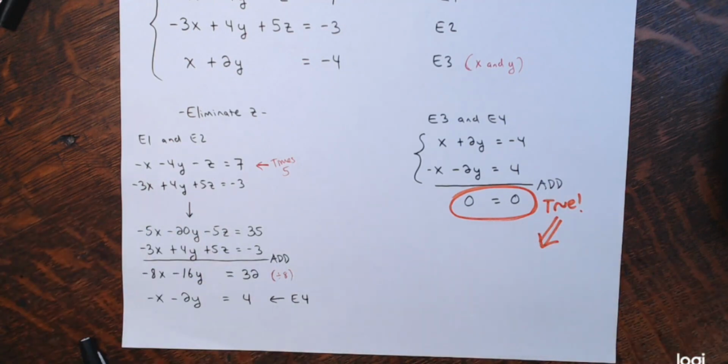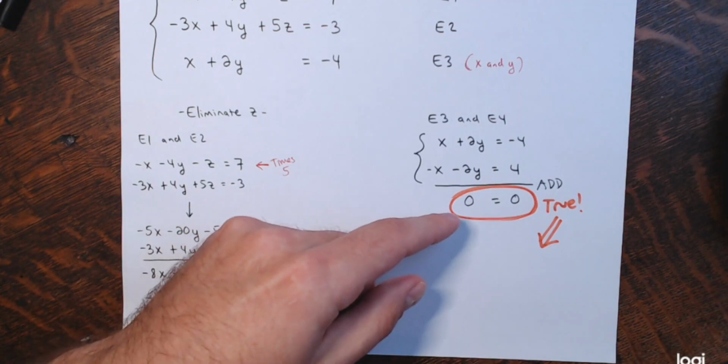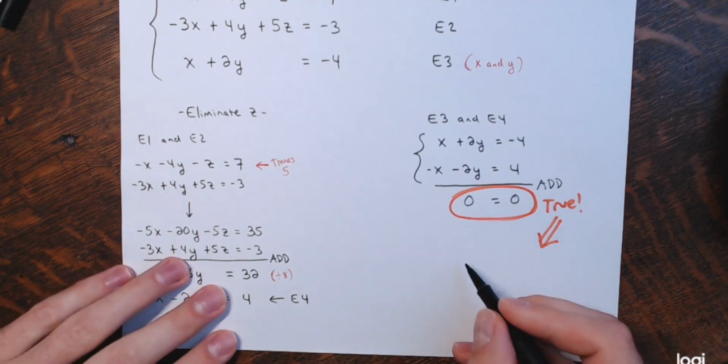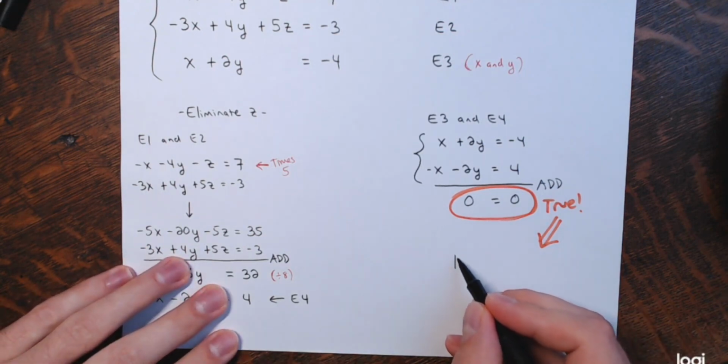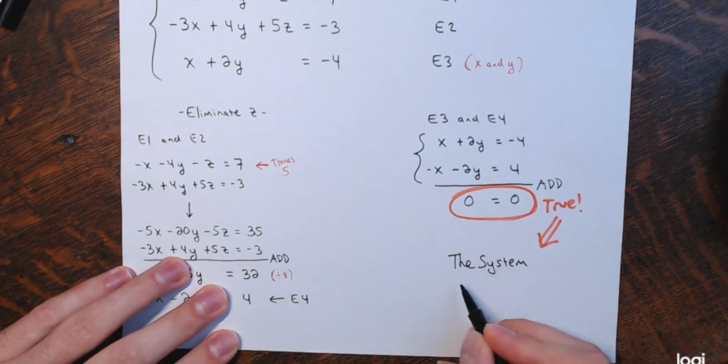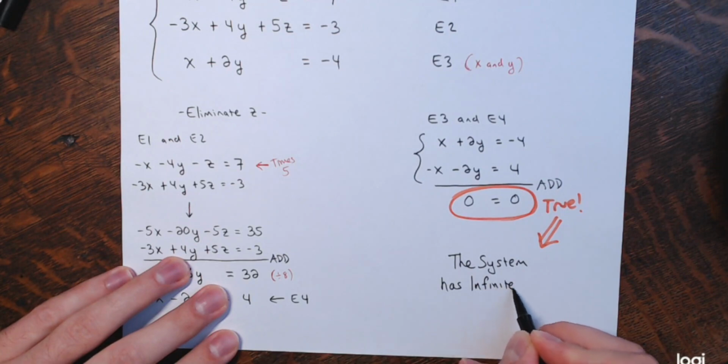And remember we've seen this earlier in the video. It was a while back, but if you're trying to solve a system, or an equation, and you ever end up with a statement with no variables that is always true, that means that that system or that equation, whatever you're looking at, has infinitely many solutions, right? So the system has infinitely many solutions.